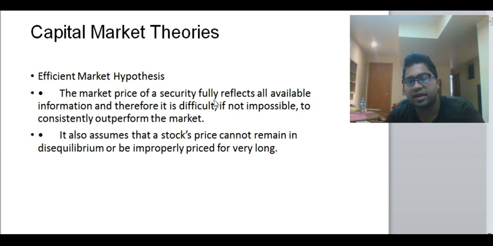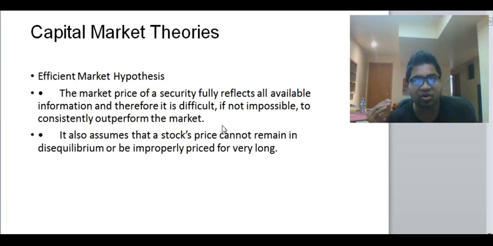The market price of a security fully reflects all information, and therefore it is difficult, if not impossible, to consistently outperform the market. It means that by not taking any risk, you cannot beat the markets. Whatever return the market is generating, you will also get that, because everyone has the same information, everyone is analyzing the same information, and prices reflect everything.